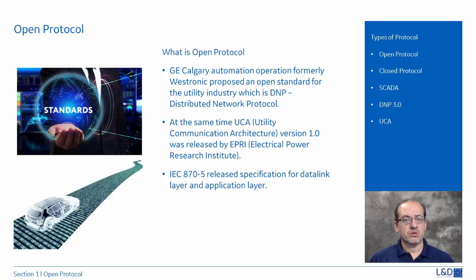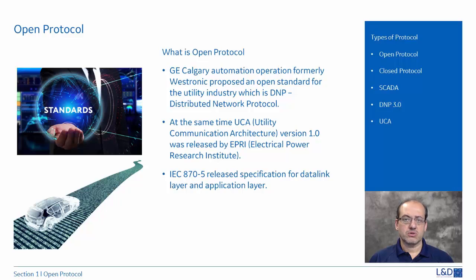So, of course, because all of these protocols were in development at the same time and being discussed among professionals, they used to overlap in functionality or overlap in implementation. So we will see a lot of common features among these protocols, but at the end of the day, they're not the same.